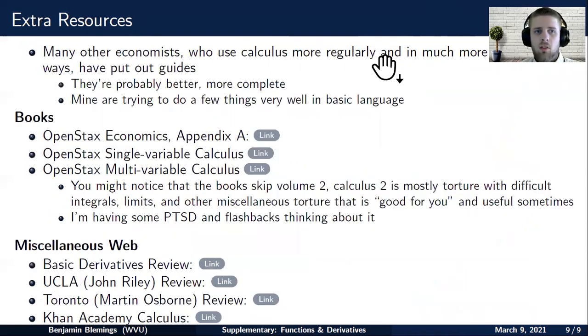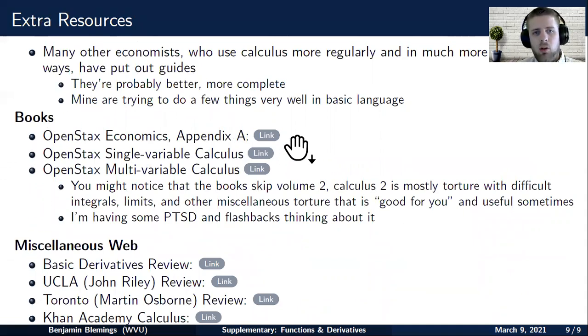And I just want to briefly say here, I got some extra resources that I went and found for you. There's a lot of other things. So many other economists who use calculus more regularly and more sophisticatedly than I have put out guides. They're probably better, more complete. My slides are just trying to do a few things very well in basic language, which is as simple as possible.